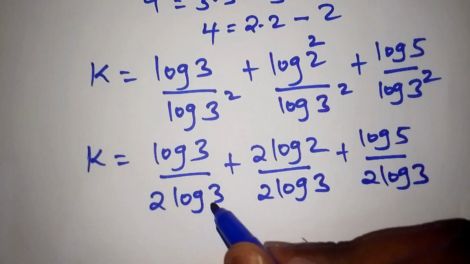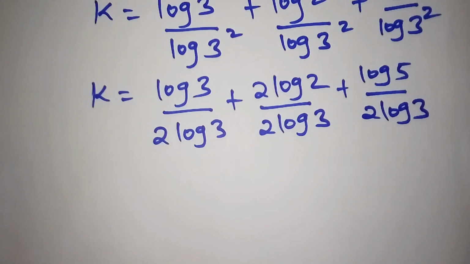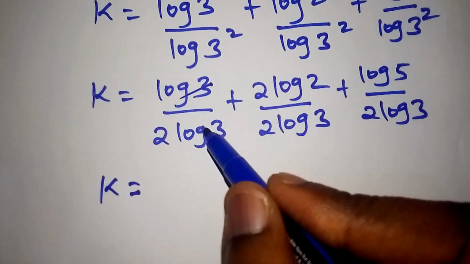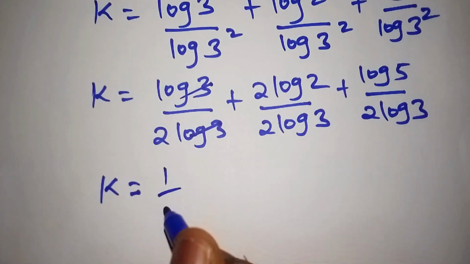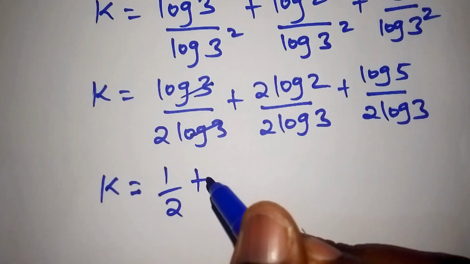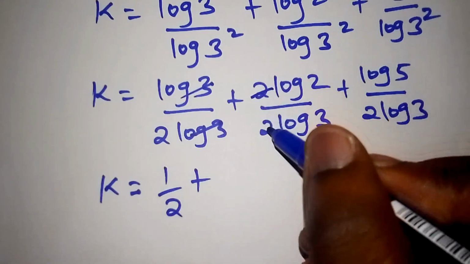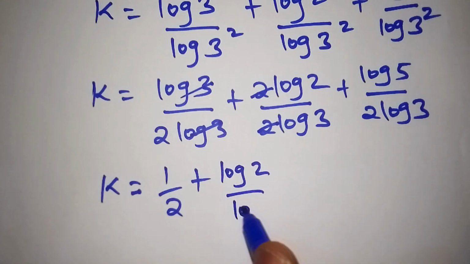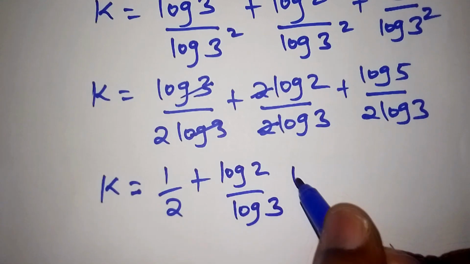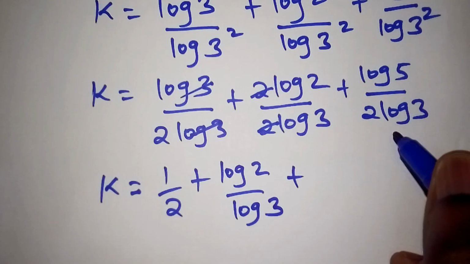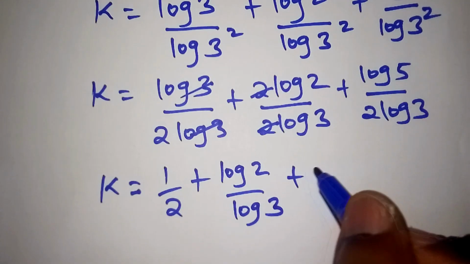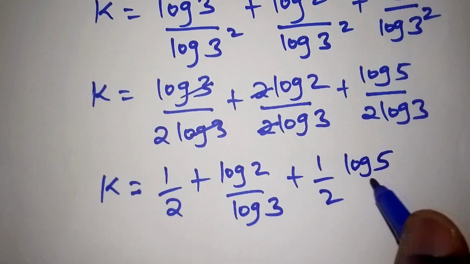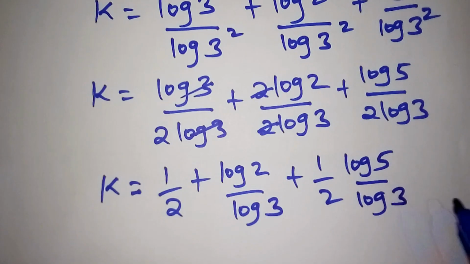Now log 3 and log 3 cancel, so we have 1 over 2, then plus, 2 by 2 cancel, so we have the log of 2 all over the log of 3, then plus 1 over 2 the log of 5 all over the log of 3.